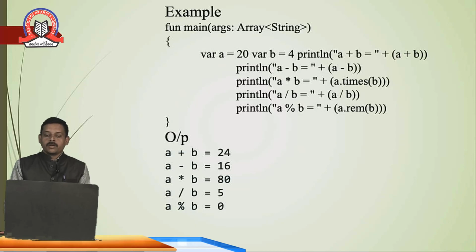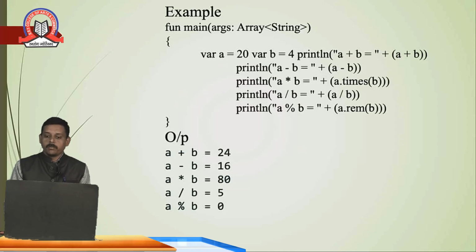Then we have the plus operator. Here the first plus, between the double quotes and the bracket, has been used as concatenation. It will concatenate these two strings, and in the bracket we have used a plus b.